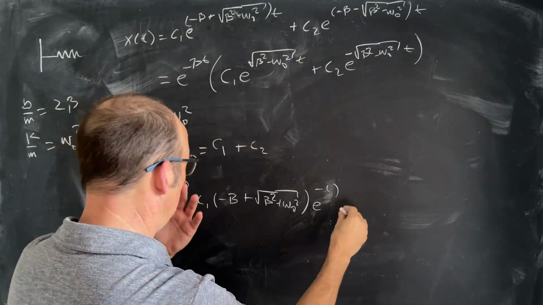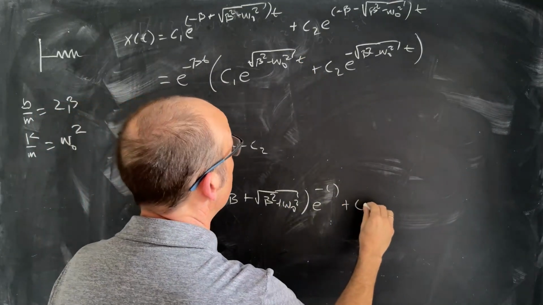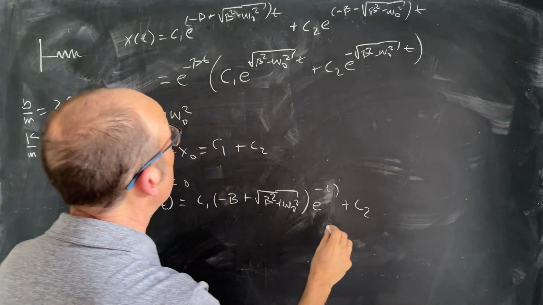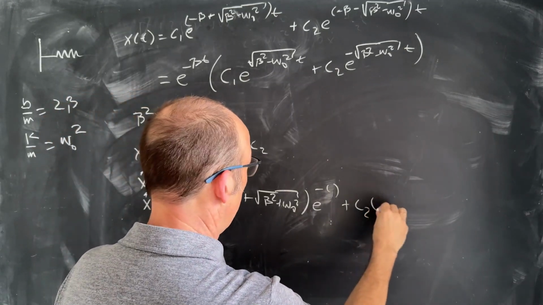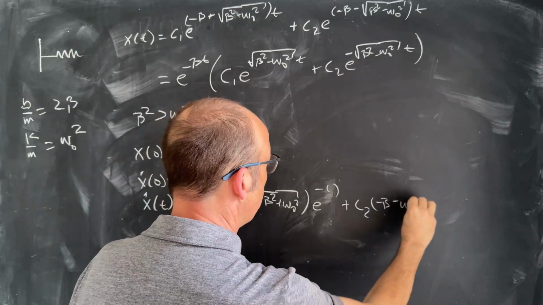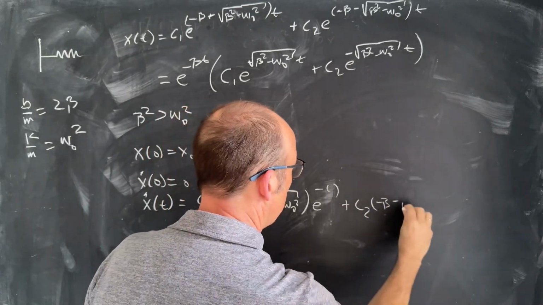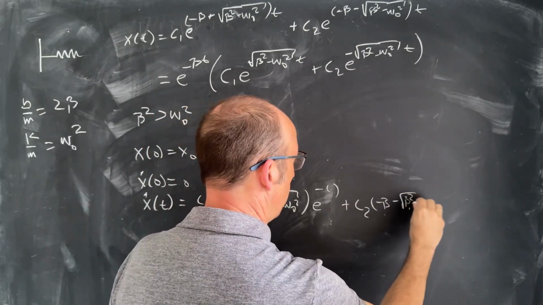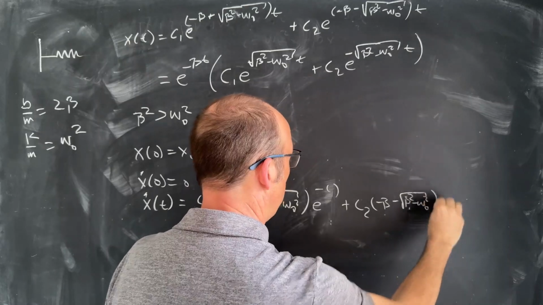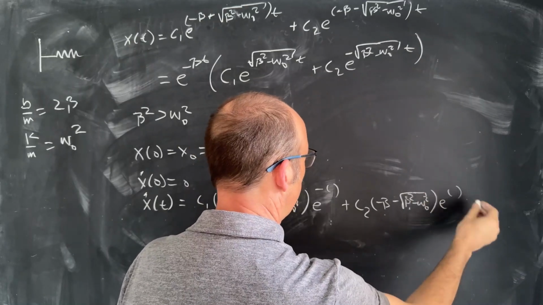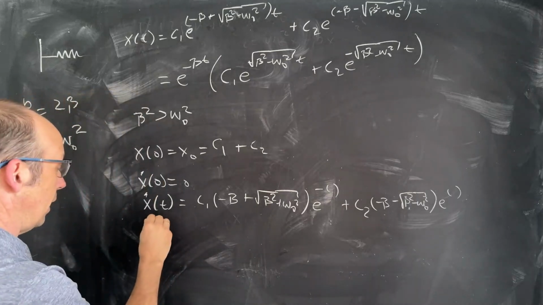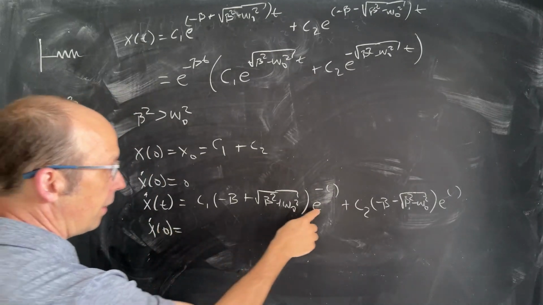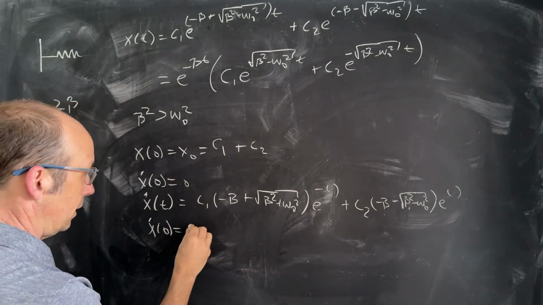And then over here I have plus C2, and then I have almost the same thing, negative beta minus the square root of beta squared minus omega naught squared, and then I have e to the stuff, which is going to go to 0.